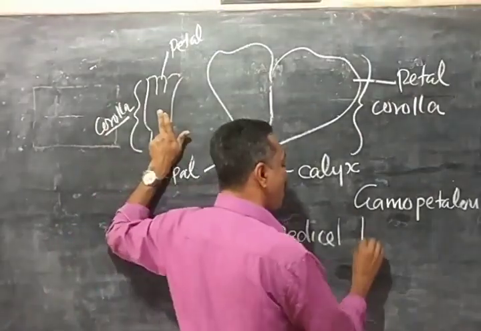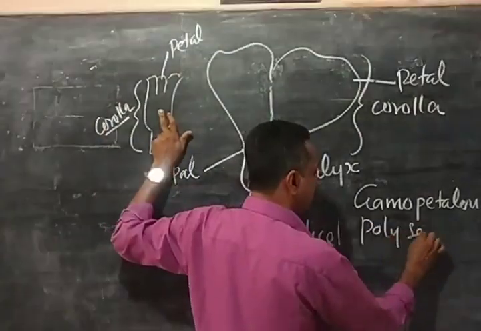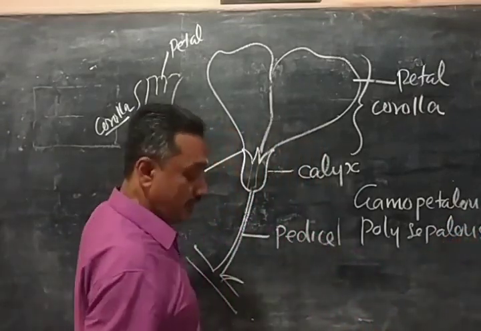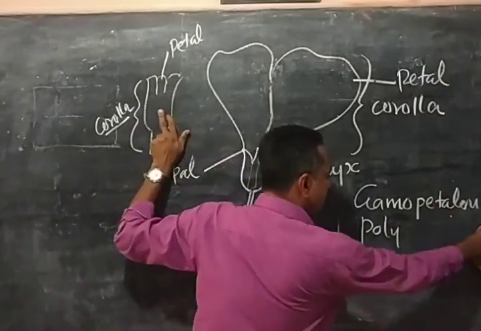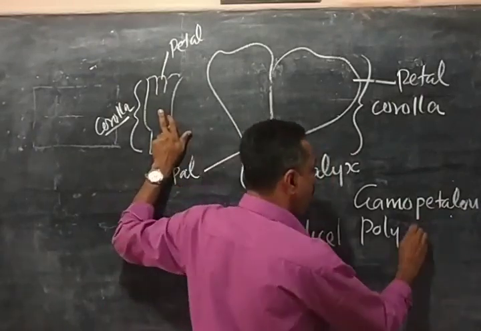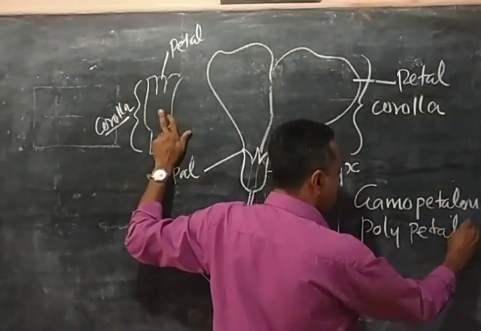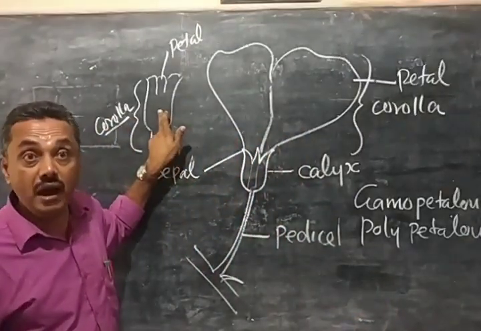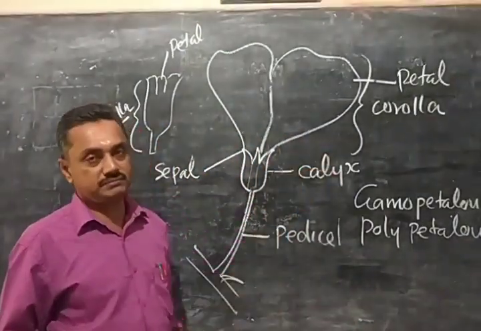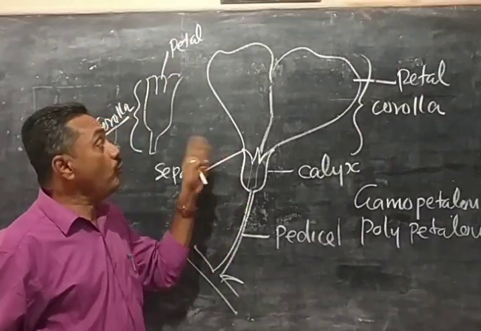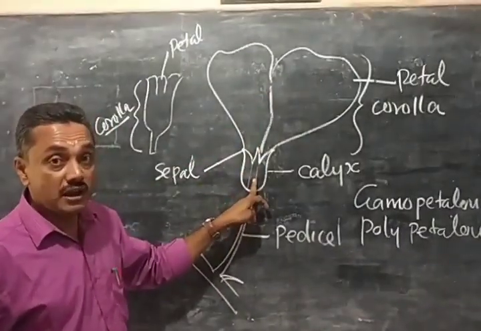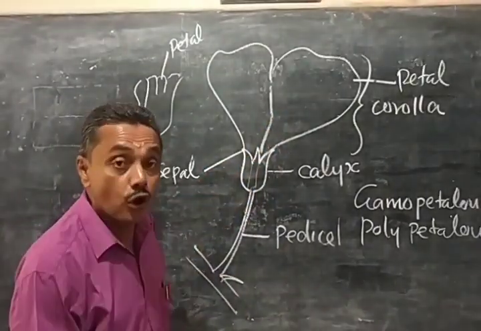If they are free, it is called polypetalous condition. Gamopetalous and polypetalous condition. So, two parts: calyx and corolla. The green part is called calyx and this red part is called corolla.